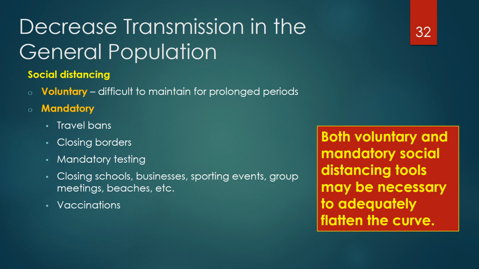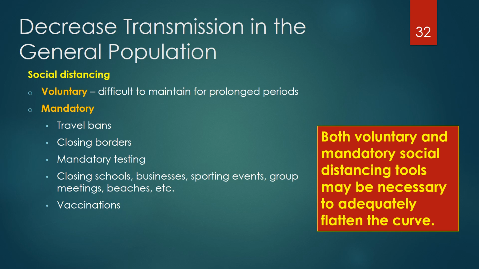Decreasing transmission in the general population may be addressed by voluntary and mandatory interventions. Voluntary social distancing for weeks or months will be difficult. Therefore, some mandatory steps will likely be necessary to help flatten the curve.